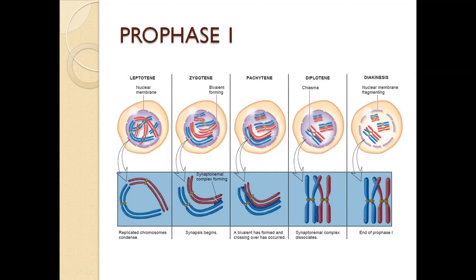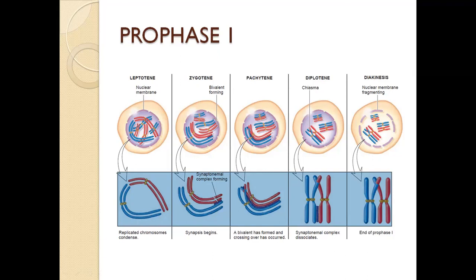The next stage is the zygotene. The zygotene phase is also called zygonema, and it comes from the Greek for paired threads. In this case, the homologous chromosomes come close, as you see right here, and they associate through this union, this link that is called the synaptonemal complex.